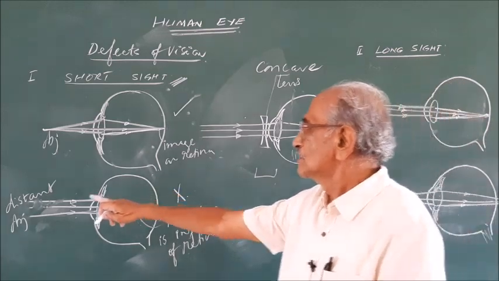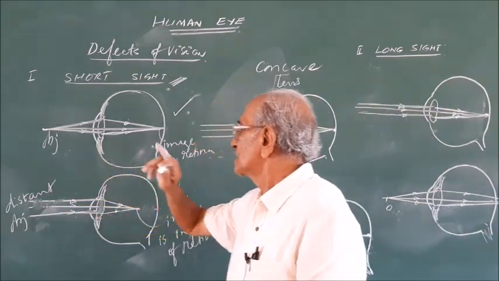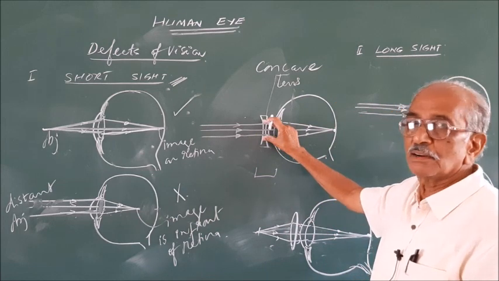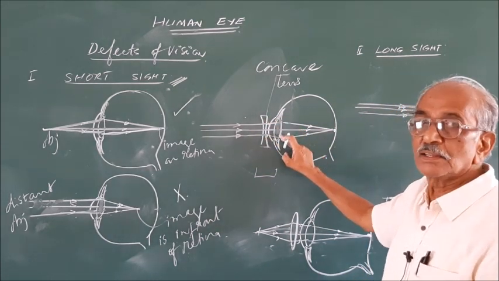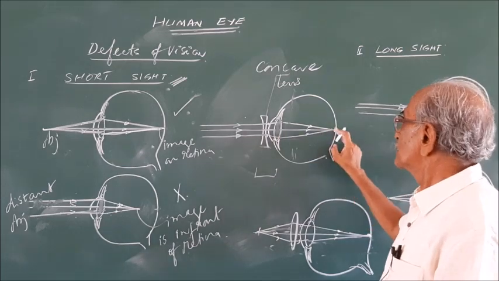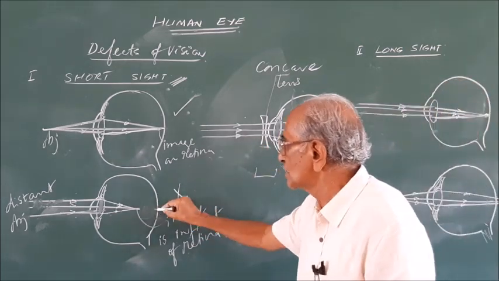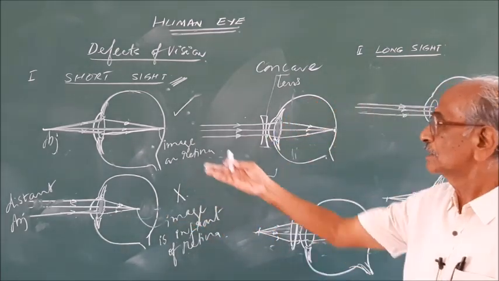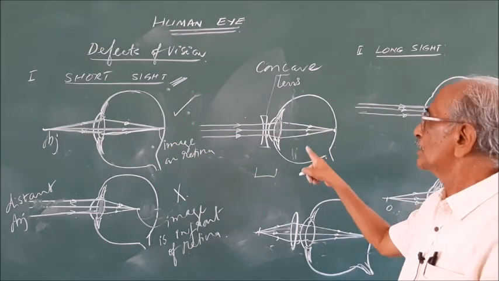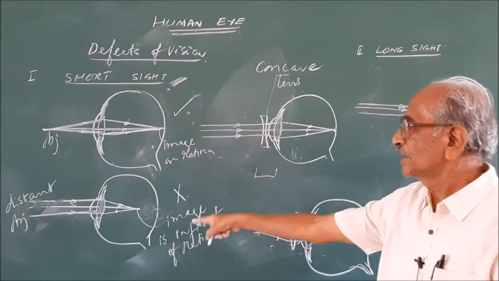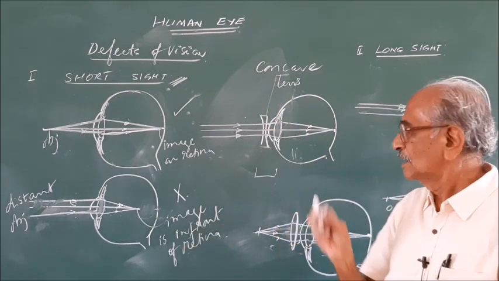Rays from a distant object first get diverged a little, fall onto the eye lens, and the image is brought onto the retina, enabling us to see the distant object. So that is how we overcome the defect of short sight.